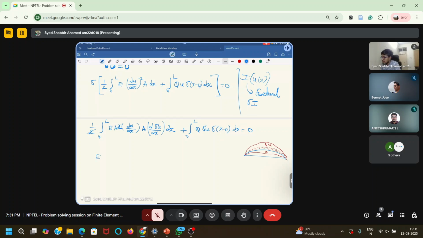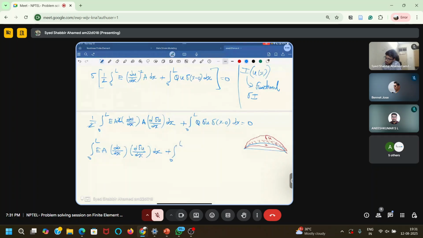So now we are getting E A into du/dx into d(del u)/dx dx, plus q into del of x minus 0 into del u dx, is equal to 0. We have to make this equal to 0.